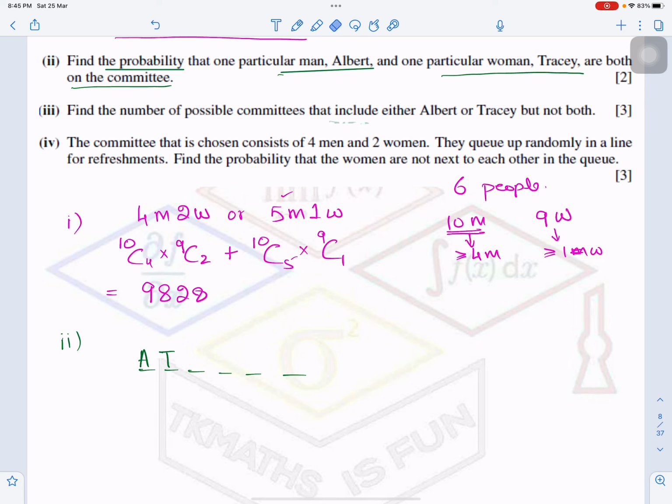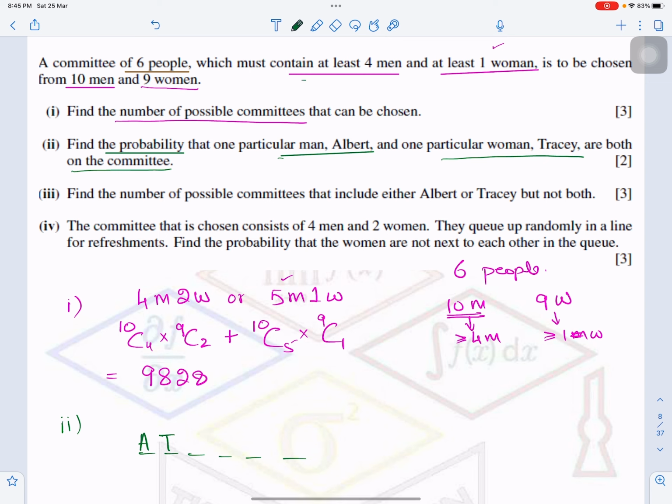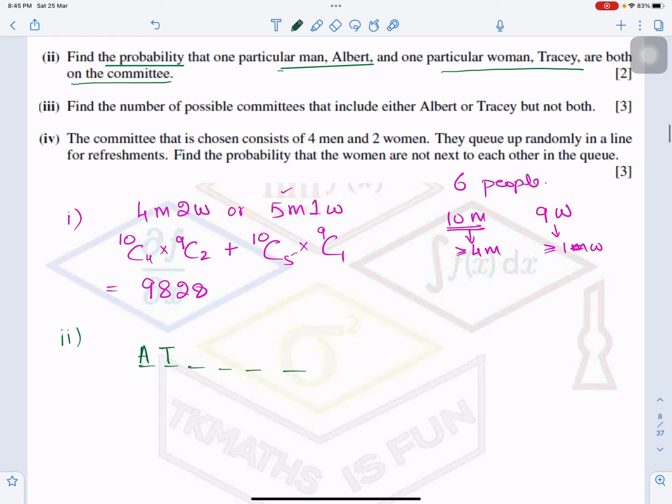Let me remove the note here. Okay, so now I have to select what? 4 more people, and the condition is the same because the condition which is given on the top will apply in all the 4 parts of the question.